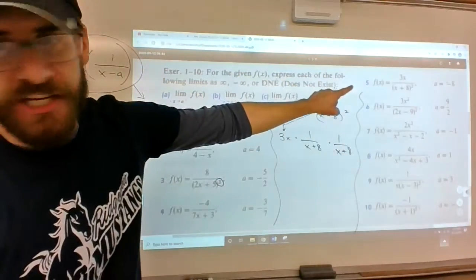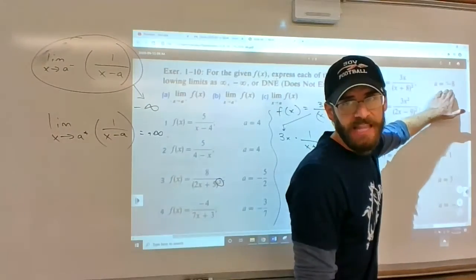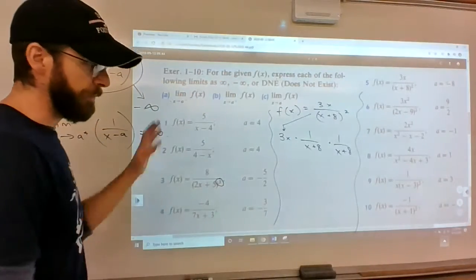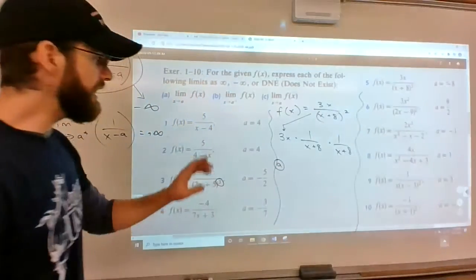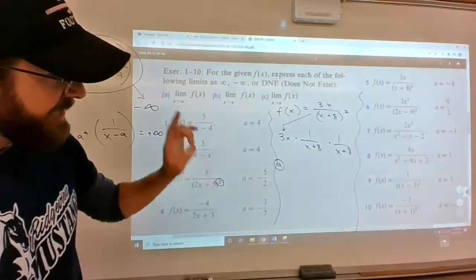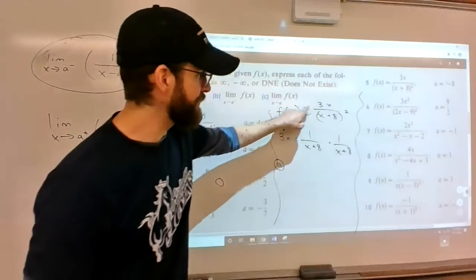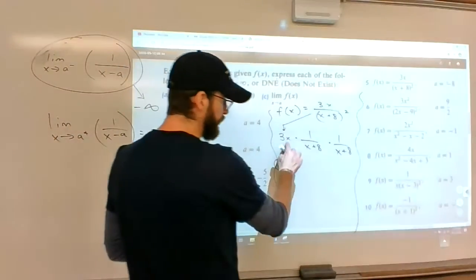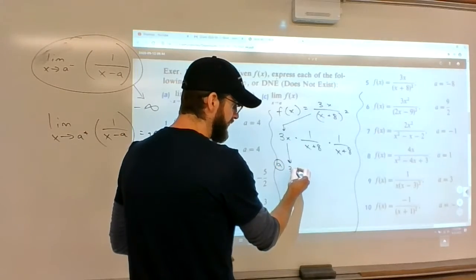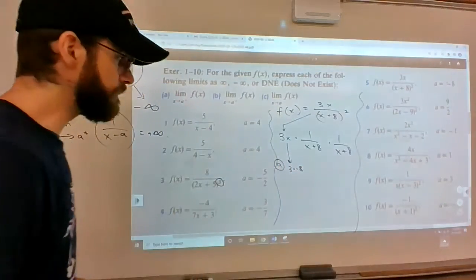The limit is approaching -8 from the left for part A. So for A, I am plugging in -8 for any x value that doesn't have a domain issue. So I'm going 3 times -8 here. Okay?